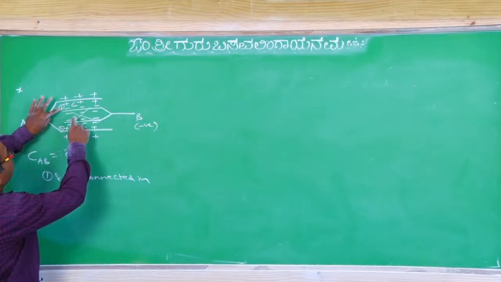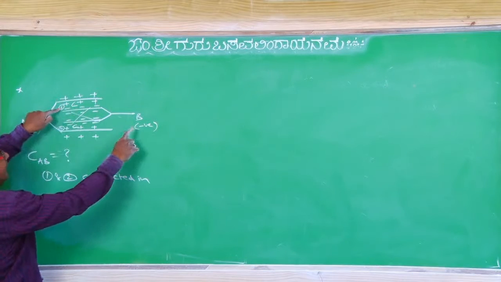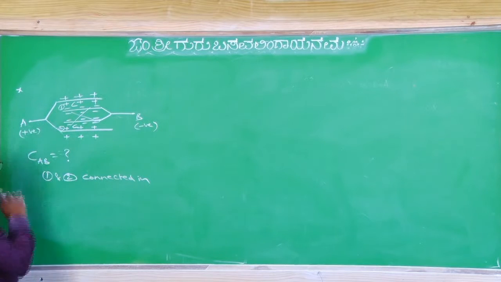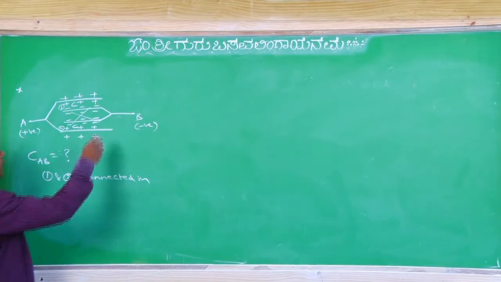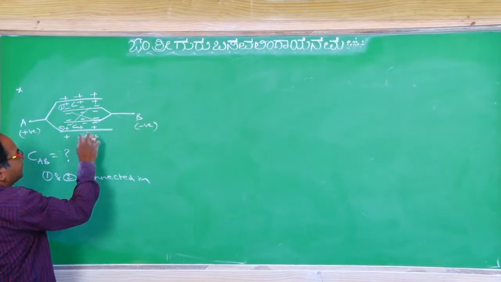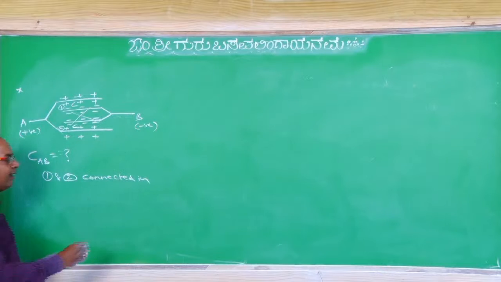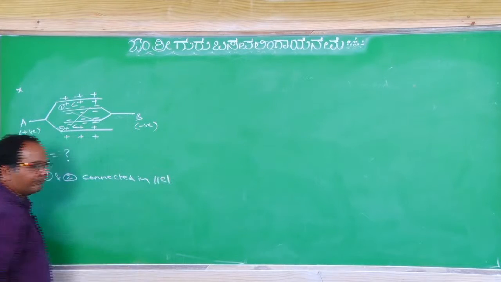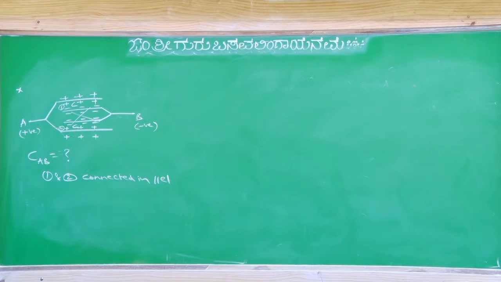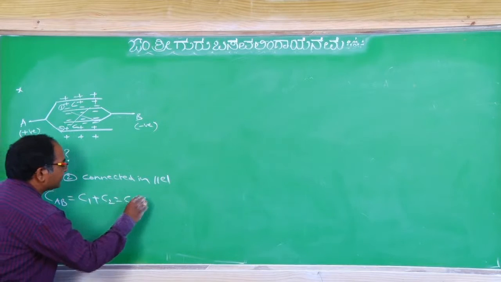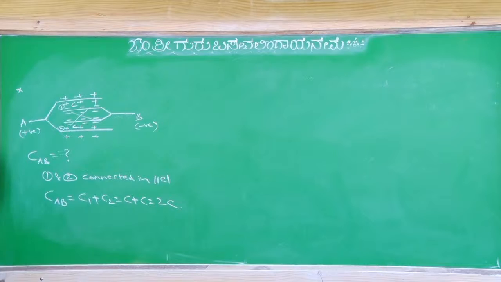See, the first positive charged plate and the second positive charged plate are connected to A, and the first negative charged plate and second negative charged plate are connected to B. So they are connected in parallel. Parallel means CAB is equal to C1 plus C2, so C plus C, that is 2C.